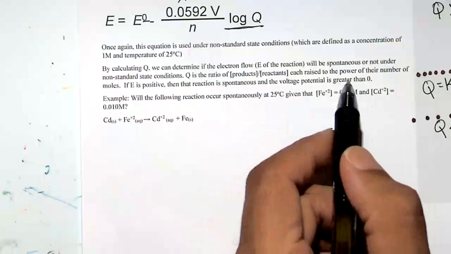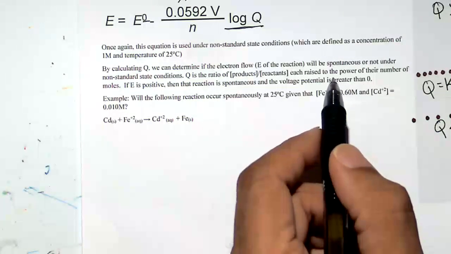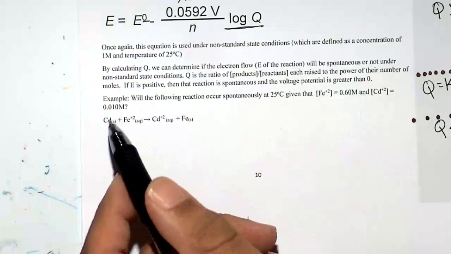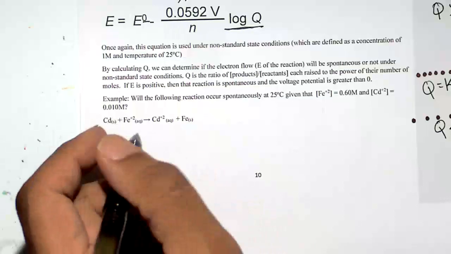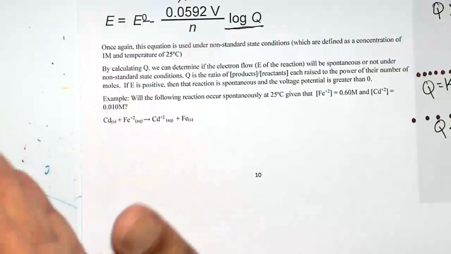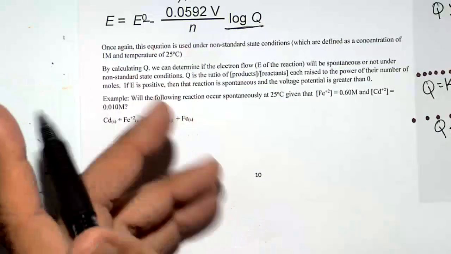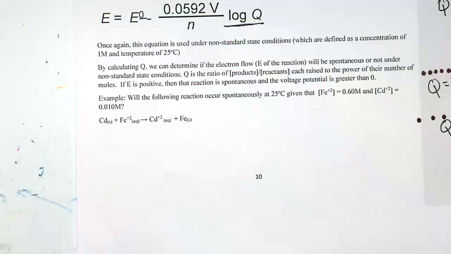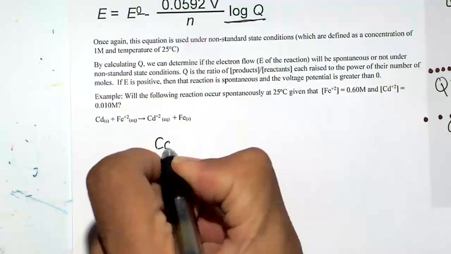All right, will the following reaction occur spontaneously at 25 degrees given that Fe plus 2 is 0.6, Cd plus 2 is 0.01. So like we did before and like we're going to do from here to the last page of our notes, we're going to split this reaction into oxidation and reduction.